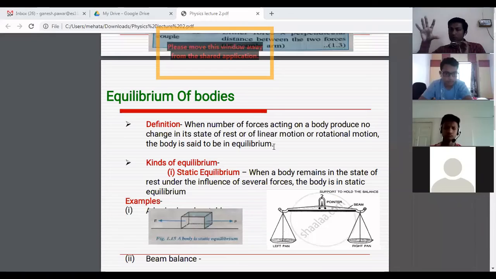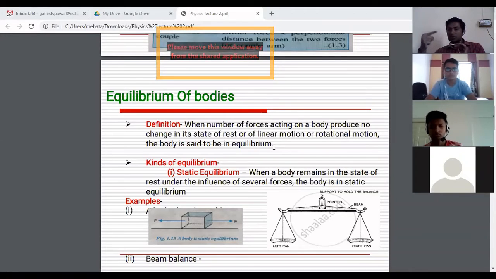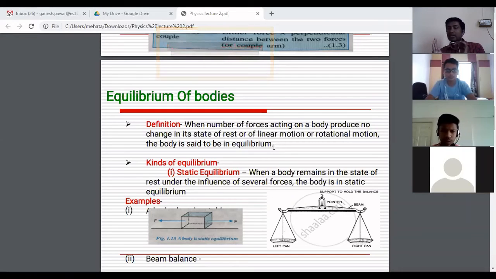When a number of forces are acting on the body, but under the action of those forces, you will find that the body is in the state of rest, or moving with a uniform motion, or performing uniform rotational motion, in that case, we say that the body is in equilibrium.